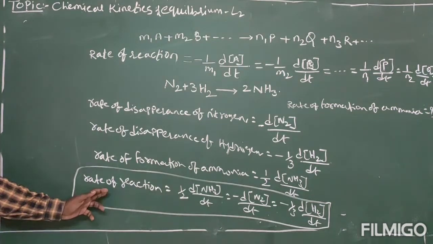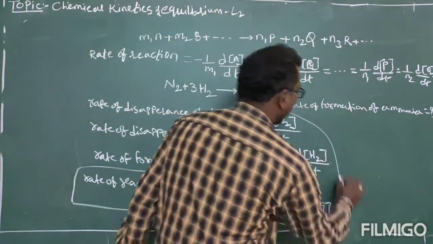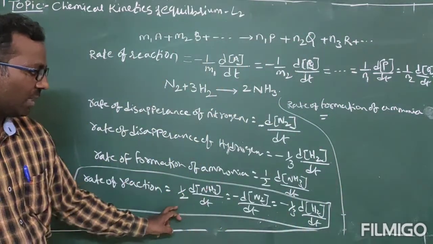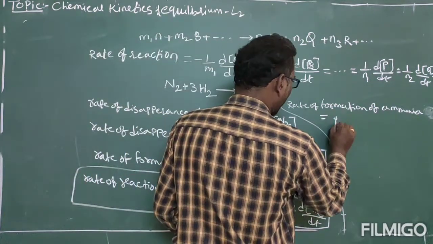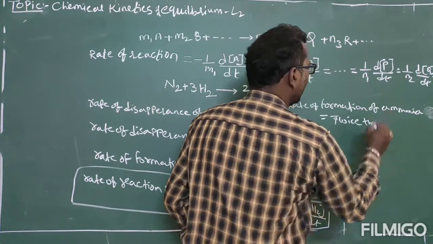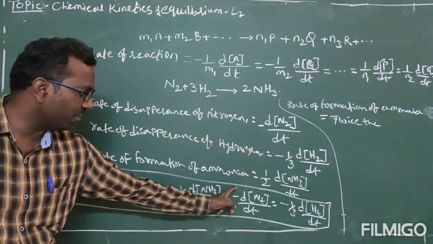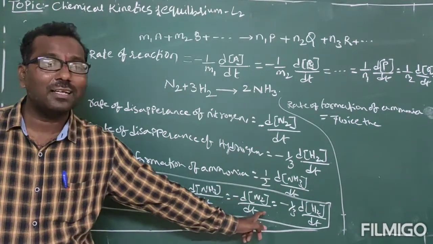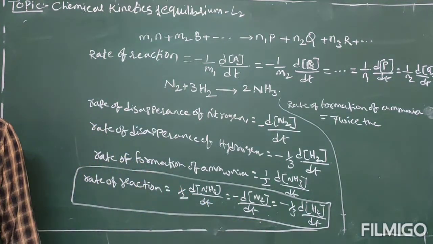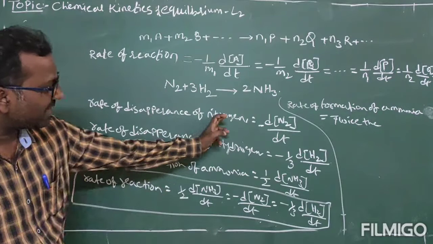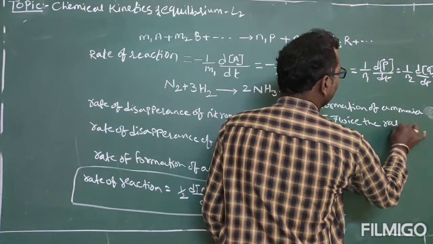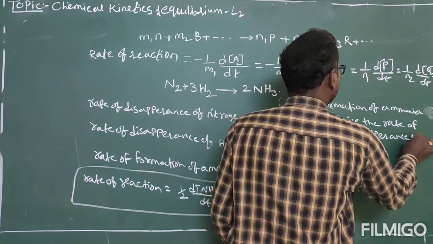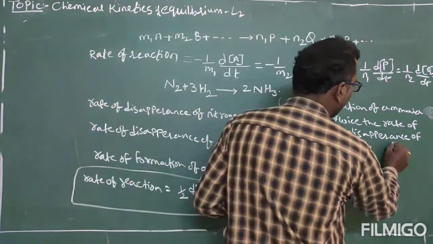I can write this in other words. You see here, the rate of formation of ammonia, if you bring the 2 to this side, is twice the rate of disappearance of nitrogen.